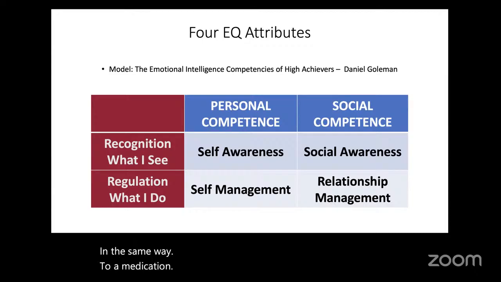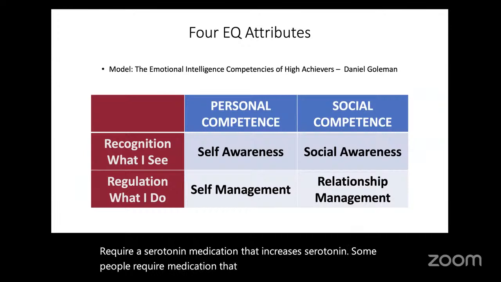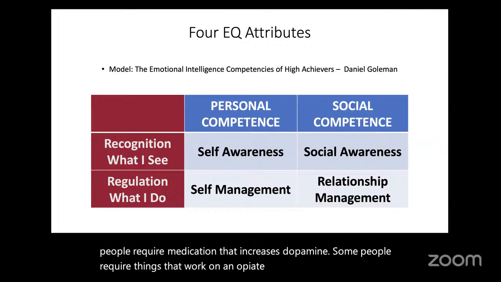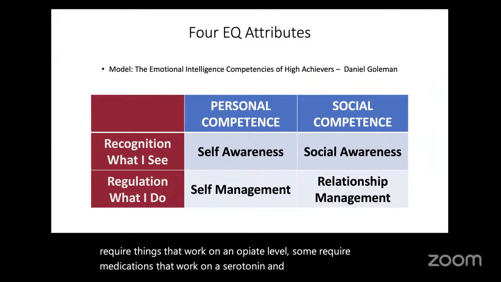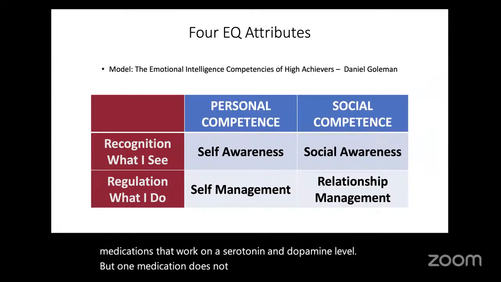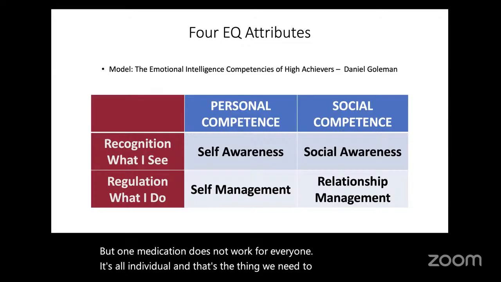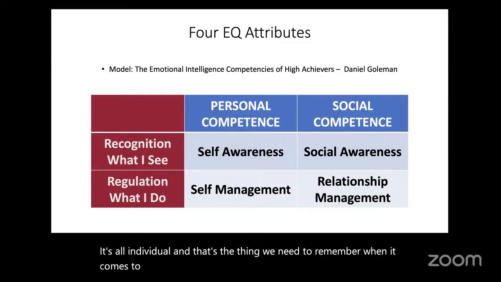Some people require a serotonin medication that increases serotonin. Some people require medication that increases dopamine. Some people require things that work on an opiate level. Some require medications that work on a serotonin and dopamine level. But one medication does not work for everyone. It's all individual.